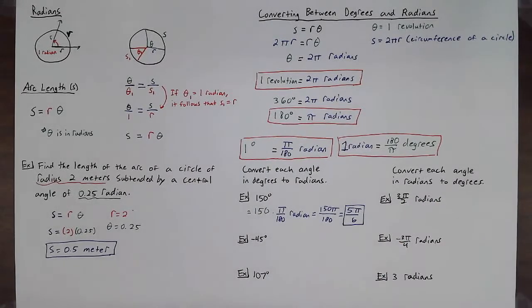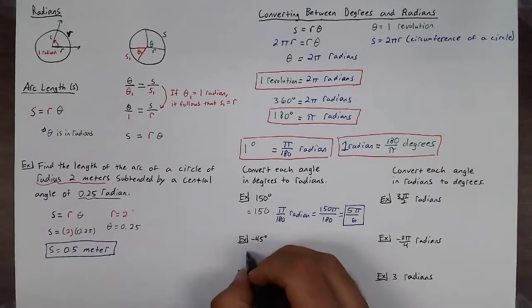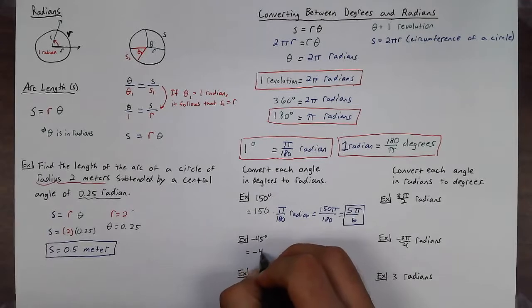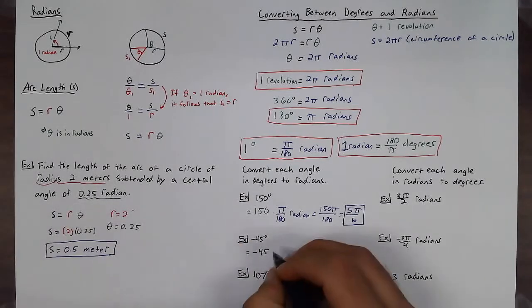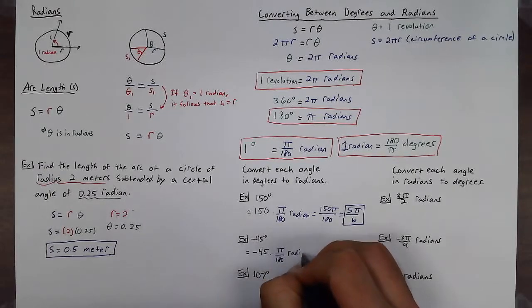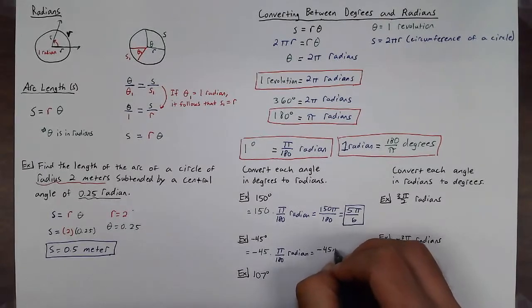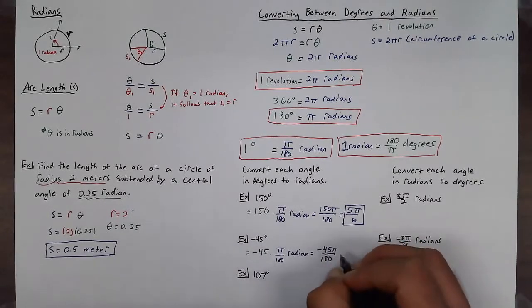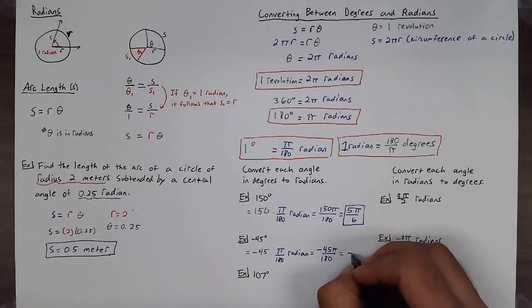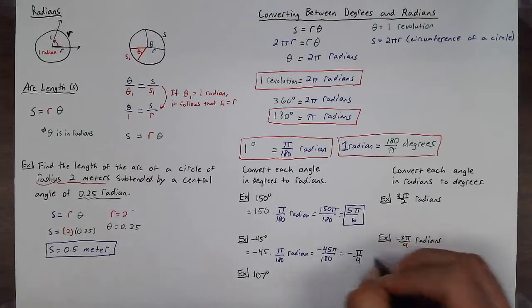So you can say 150 degrees, or you can say 5 pi over 6 radians. Now, if it's a negative angle, still the same conversion rate. We have negative 45, and that 1 degree is pi over 180 radian, which gives me negative 45 pi over 180 radian, which can be simplified to simply negative pi over 4.